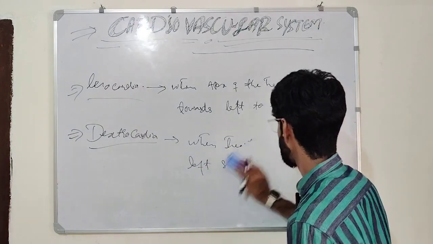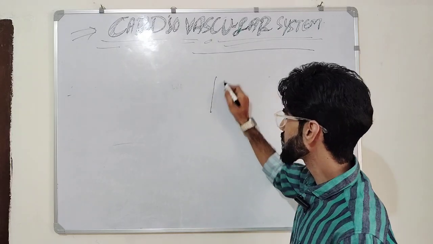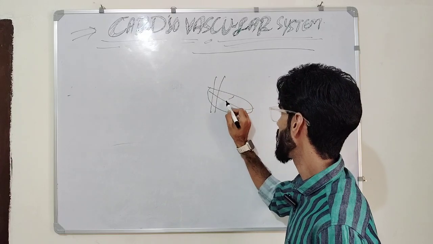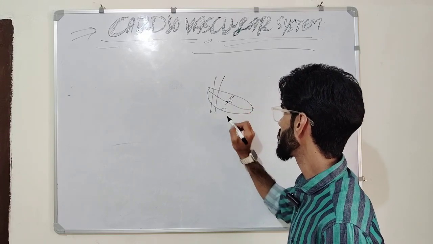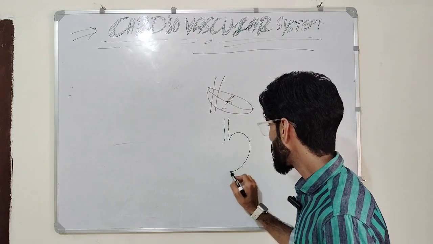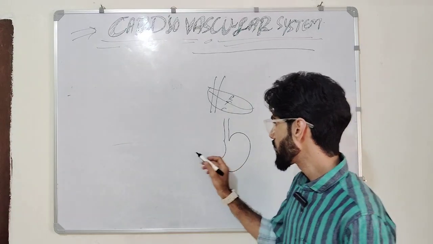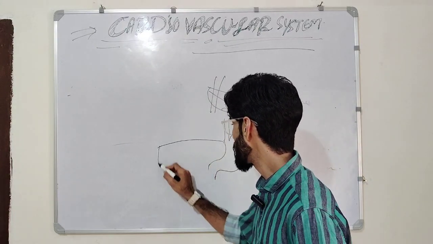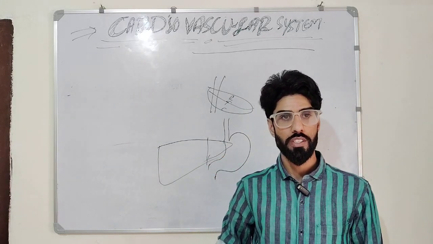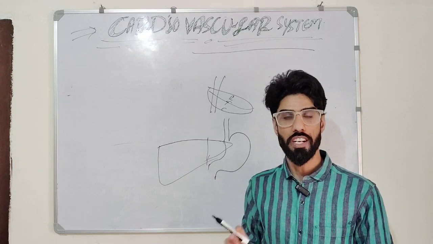Suppose normally this is the sternum and the heart lies towards the left side of the sternum. Normally the stomach is towards the left side and the liver is towards the right side of your abdomen, in the right parasternal region.